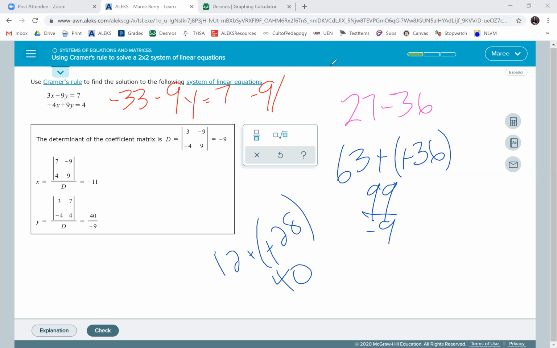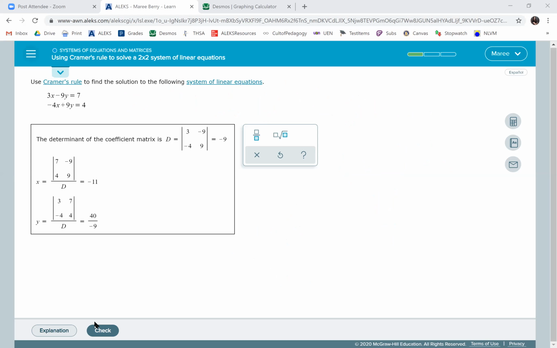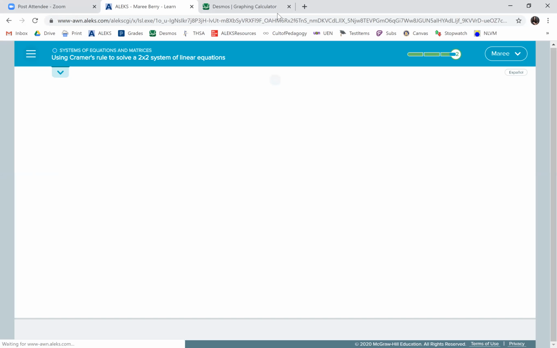Negative 9y equals, what's 7 plus 33? Haha, 40. So 40 divided by negative 9, boom. That gives me y. Yes, okay. That works. And I am going to check. And sweet, there we go.